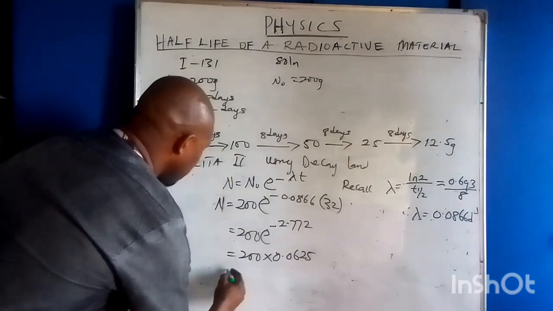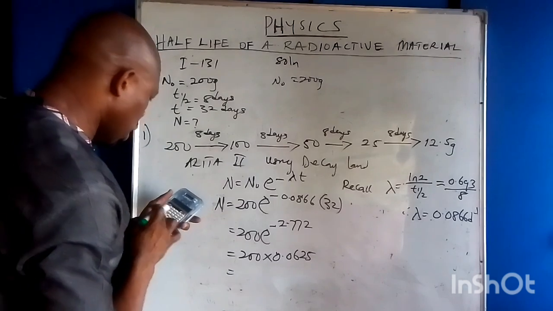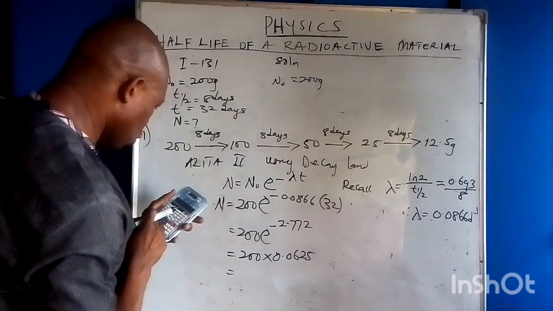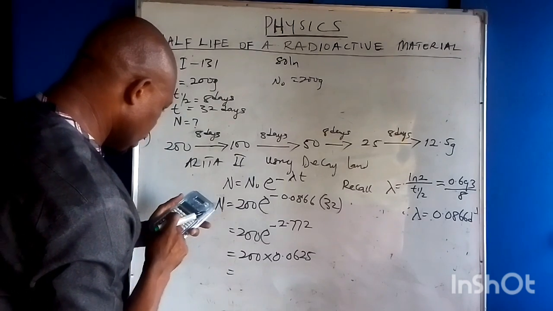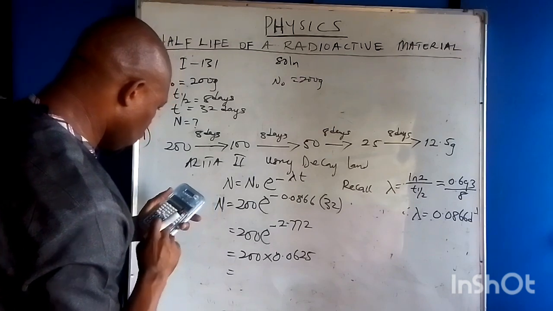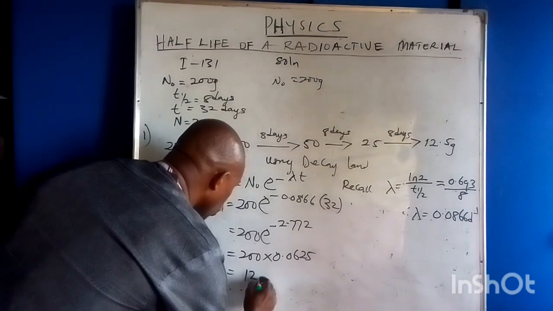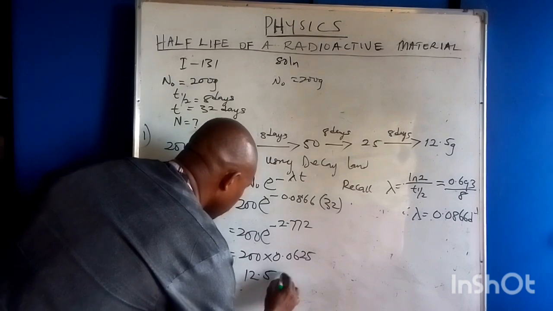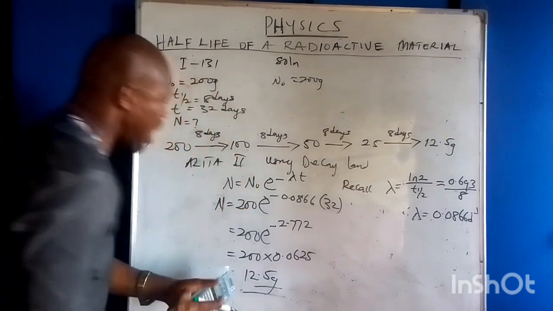Now multiply this by 200. 200 times 0.0625 gives us 12.5 grams. So this is the mass that is remaining.